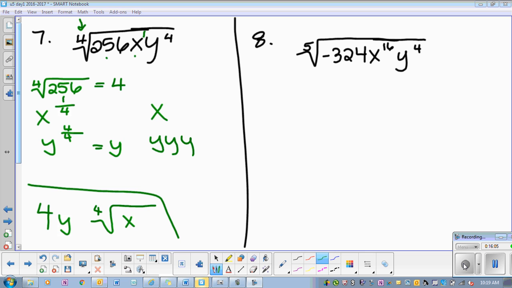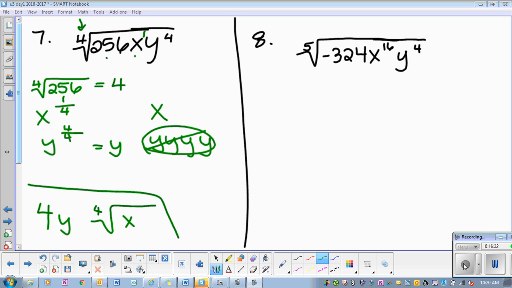You have 4 y's inside. I need groups of 4 in order to come out. So perfect. 1 group of y's with nothing left over. Okay? So the answer for number 7 would be 4y times the 4th root of x. Yes? Okay.